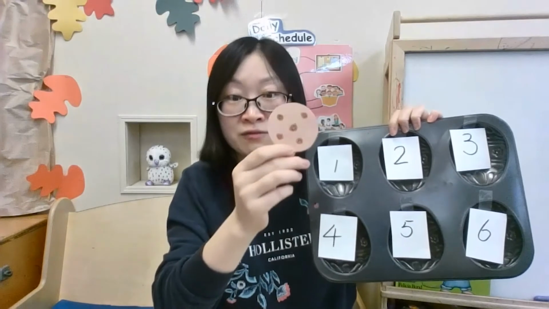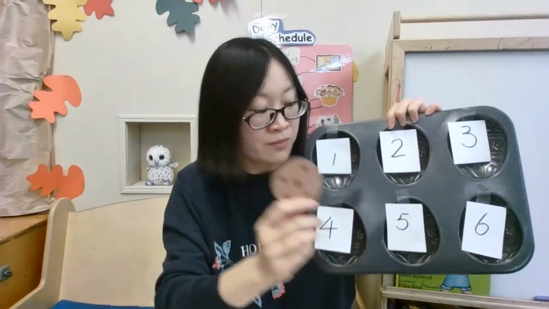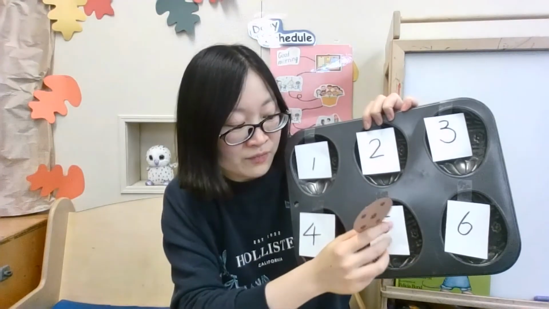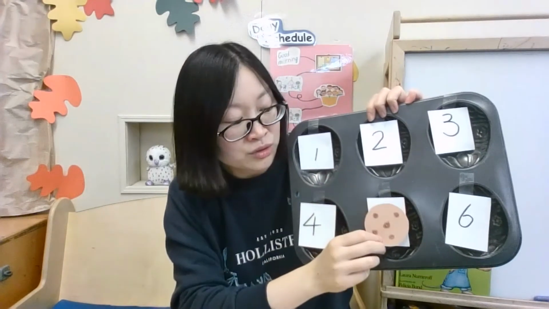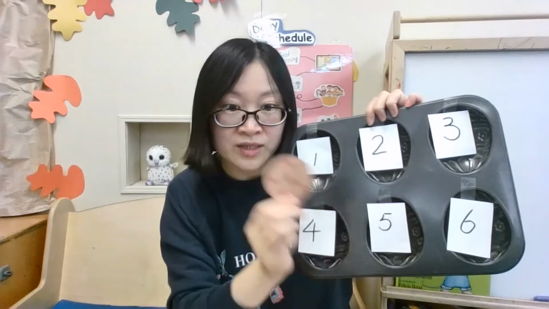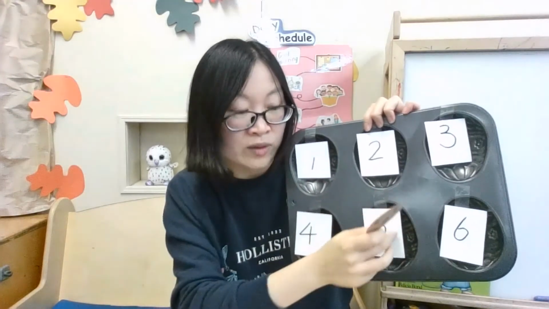For example, this is the amount of the number. That's 5 items, so that's 5. And this is the way we write number 5. So we help children connect the amount to the image. So that's 5, and this is how we write 5.